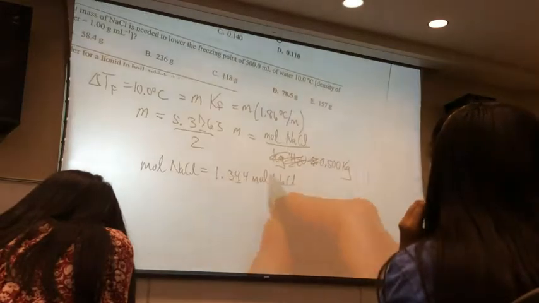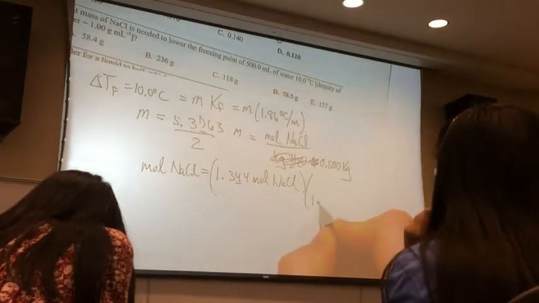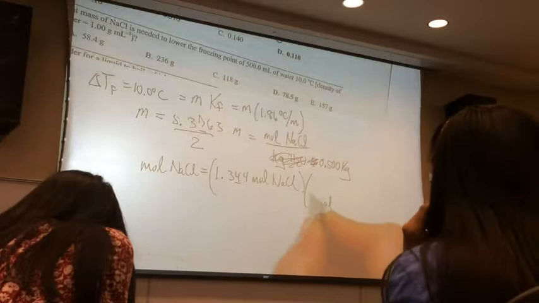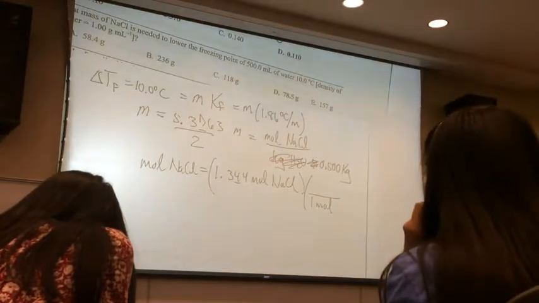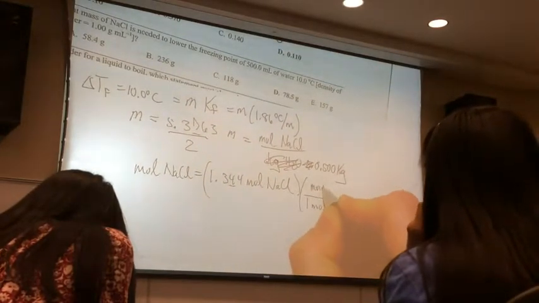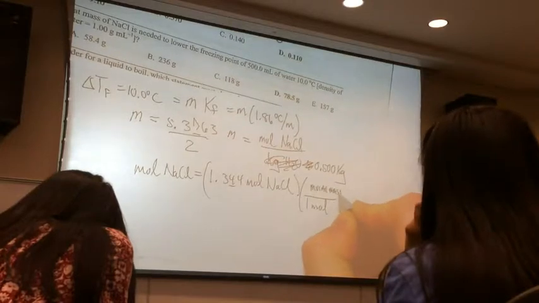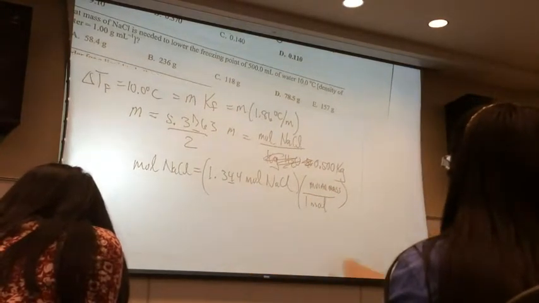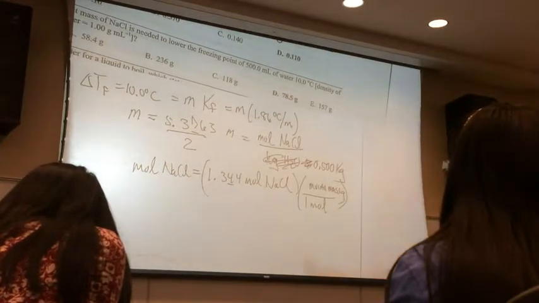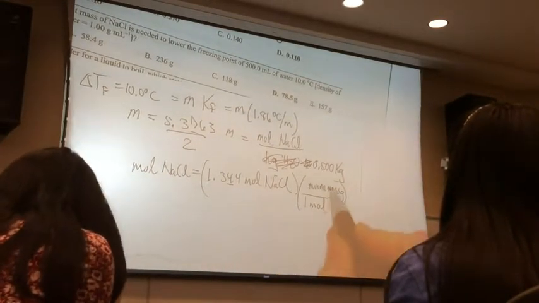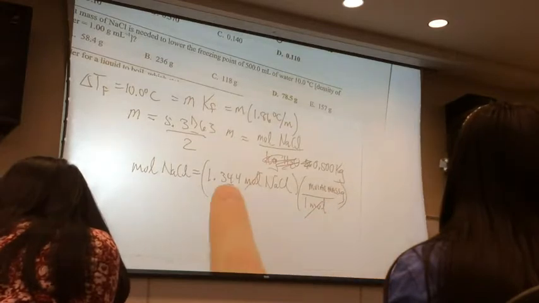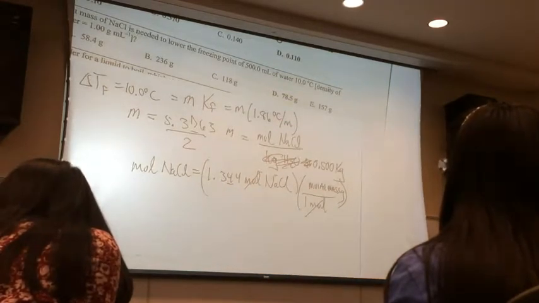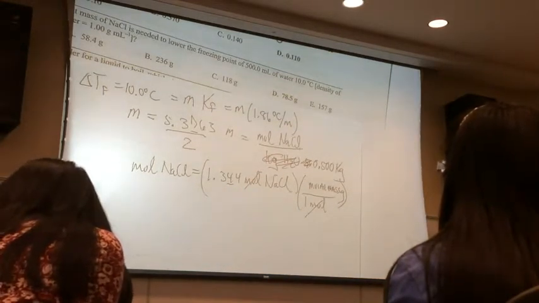Then I take that number, and you look up the molar mass of sodium chloride. Then the molar mass times that will give you the grams. The moles cancel, so this number times whatever the molar mass is will give you the grams of sodium chloride you need.